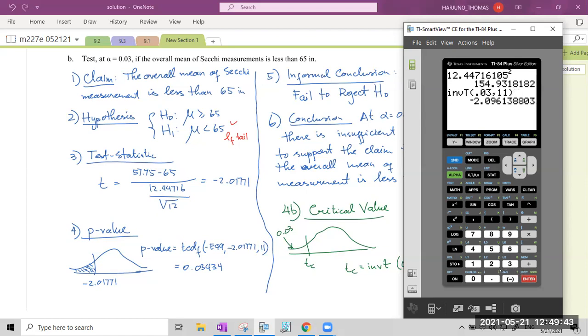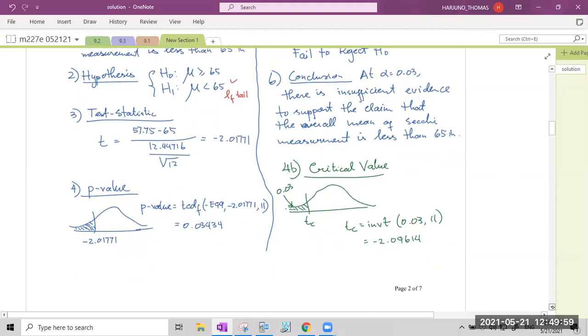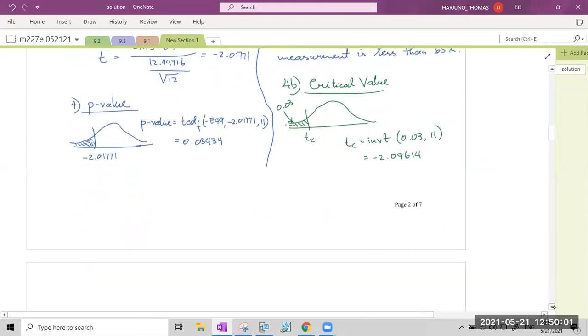Negative 2.09614. Okay, now that's our page 2. Oh, I have more space down there. I didn't realize that.